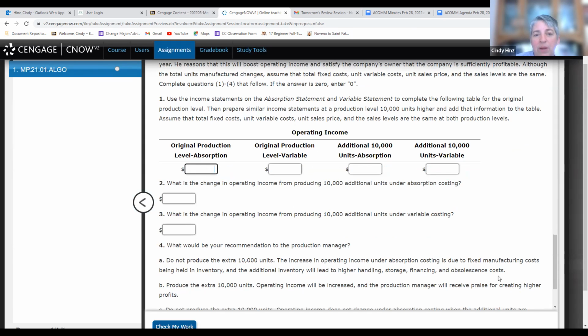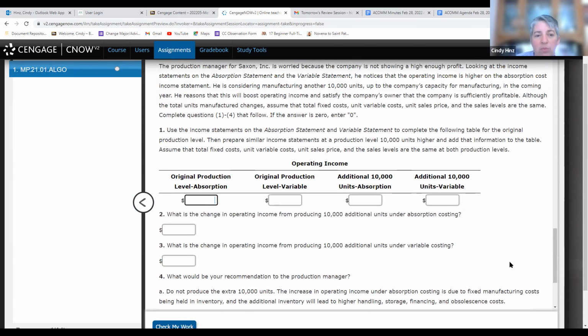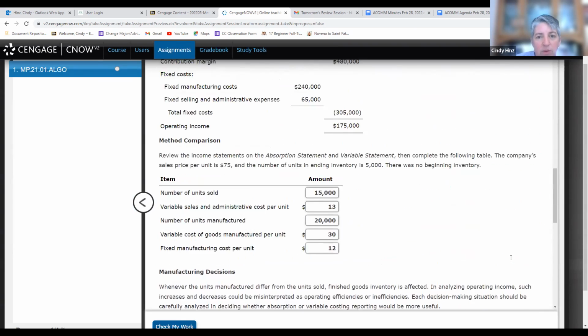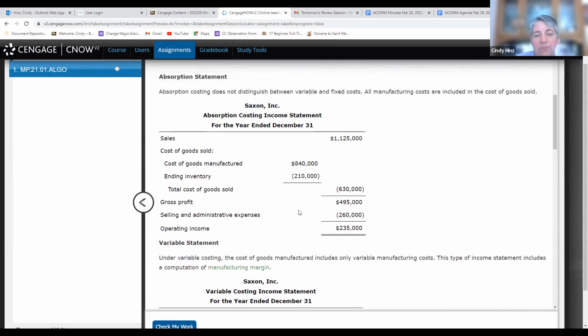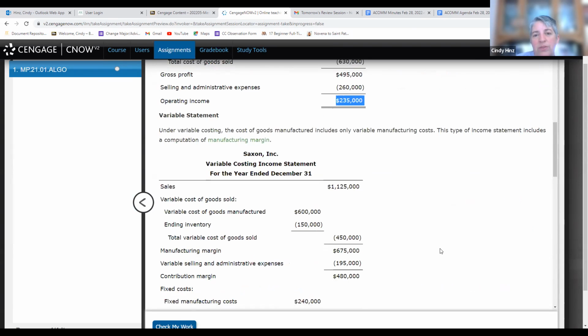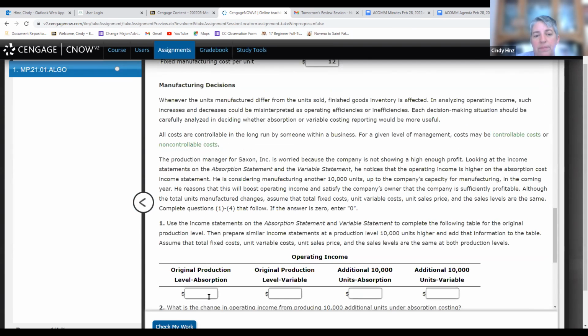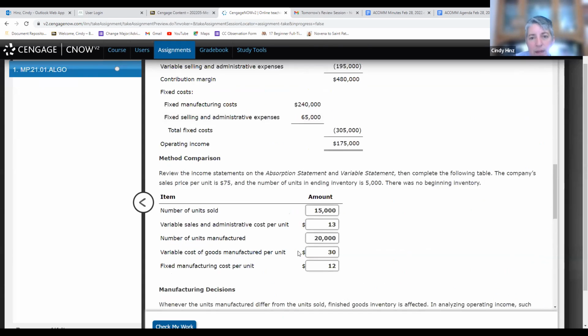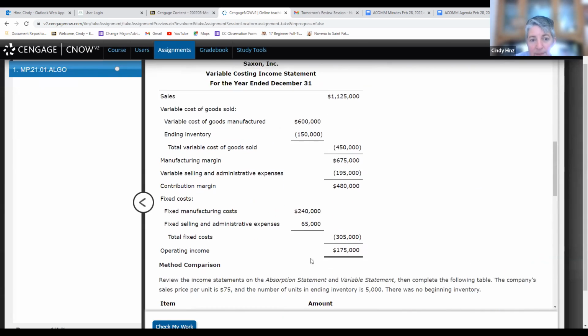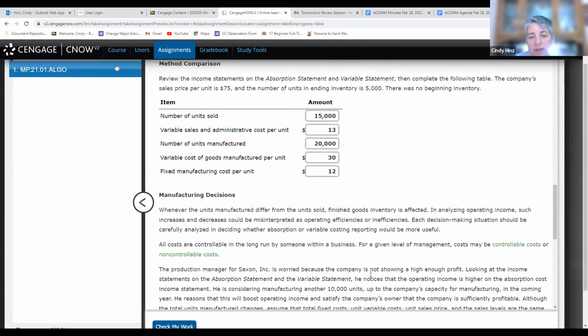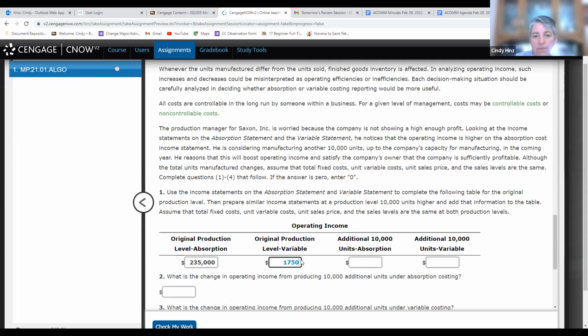So this is operating income under the original. So we're just going back to our 2 financial statements we already have. Under absorption costing, the original operating income was 235,000. And under variable costing, that number was 175,000.